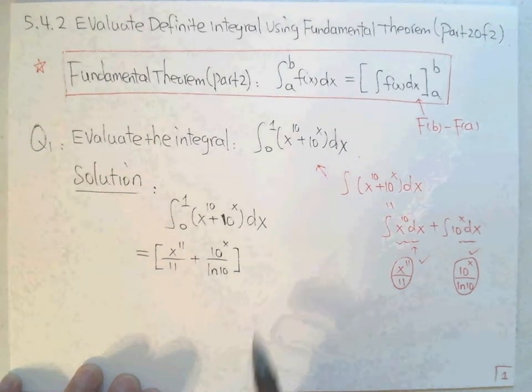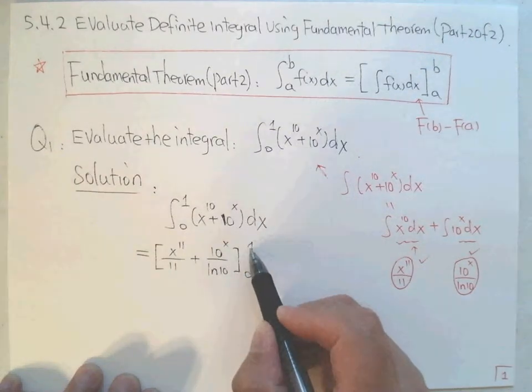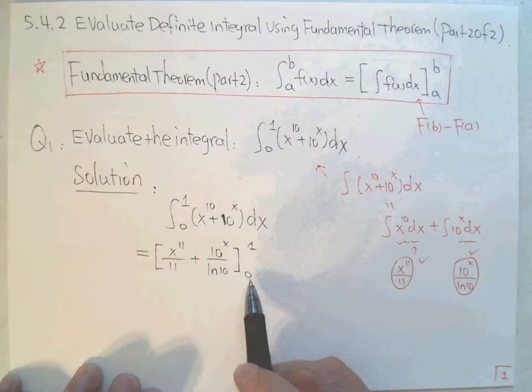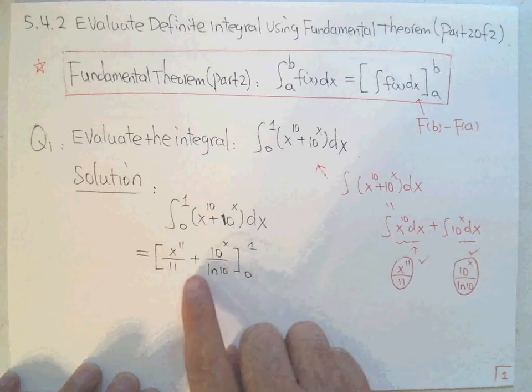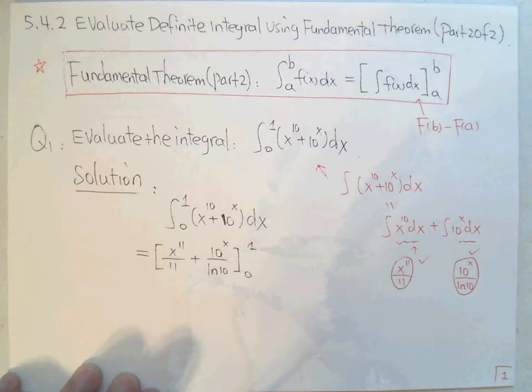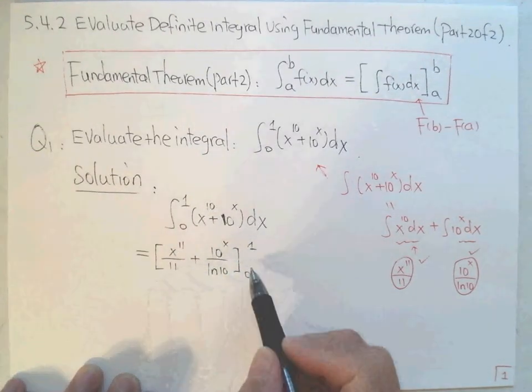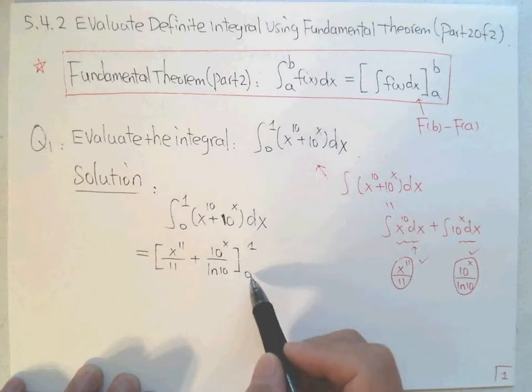What does this mean? From 0 to 1, the difference. This is the fundamental theorem, and inside is the antiderivative. All we need to do is plug 1 inside minus plug 0 inside.